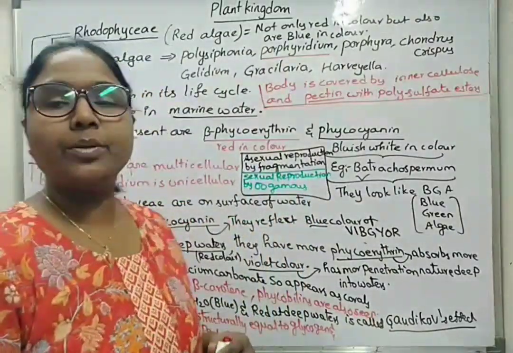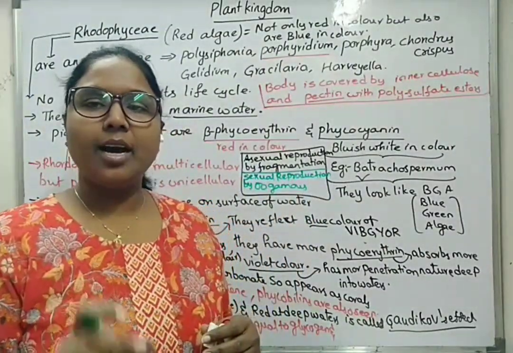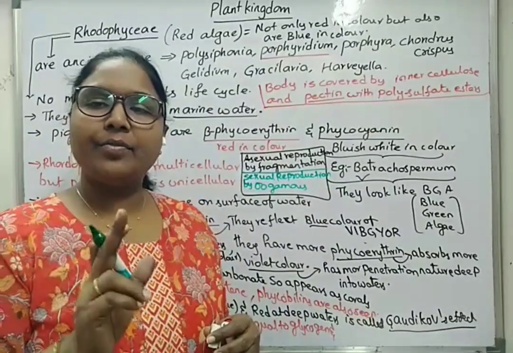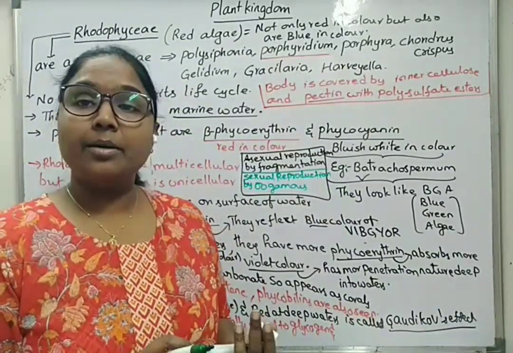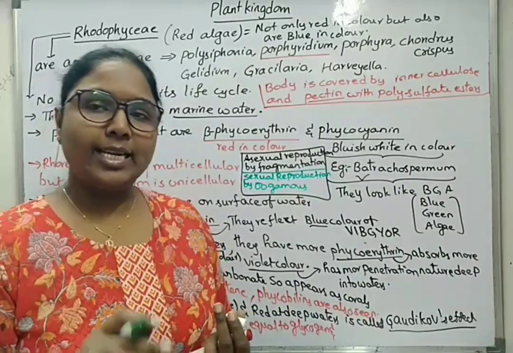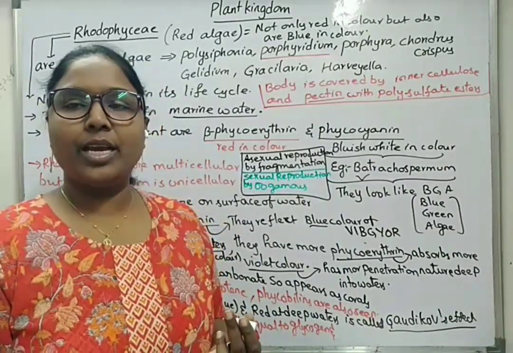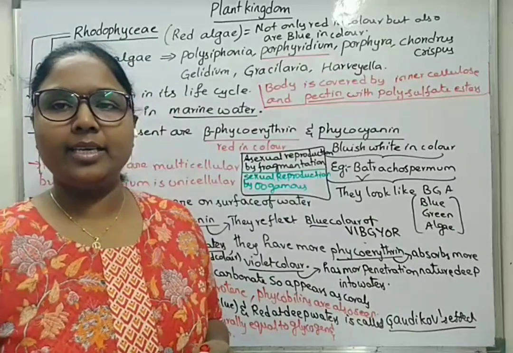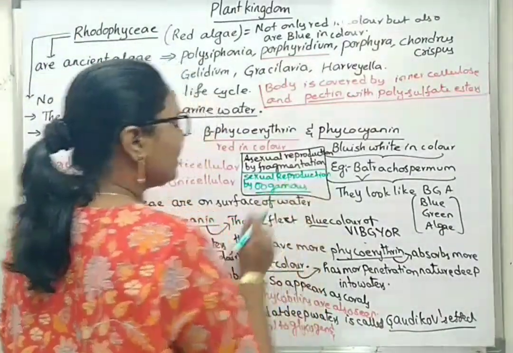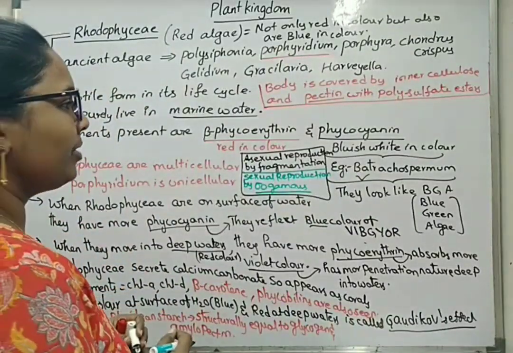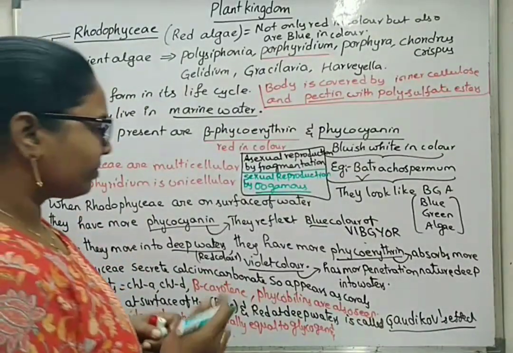In the oogamous type, the sex organs are of different sizes, and one is motile while the other is non-motile. The male sex organ is motile and smaller in size. The female sex organ, or egg, is bigger and non-motile. The fusion between such gametes is called oogamous sexual reproduction.